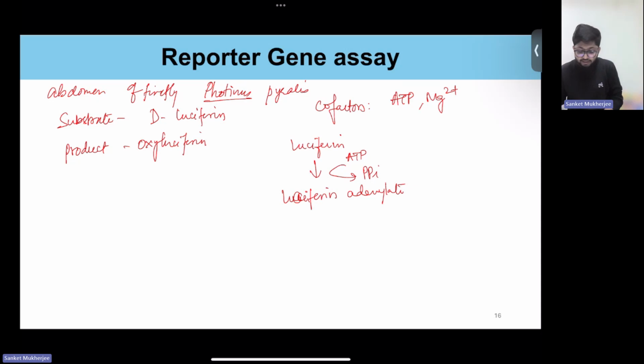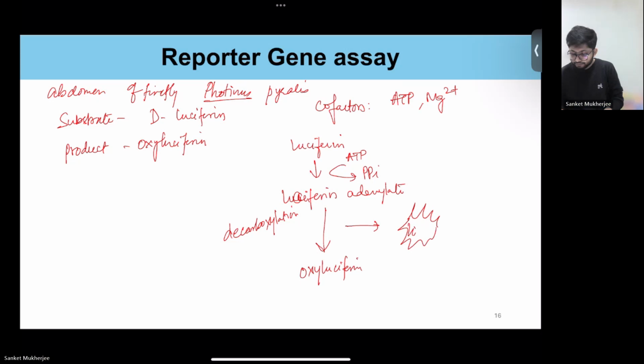And then there is a decarboxylation reaction to form oxyluciferin. Basically, this process emits light, or photons rather, to be more specific.